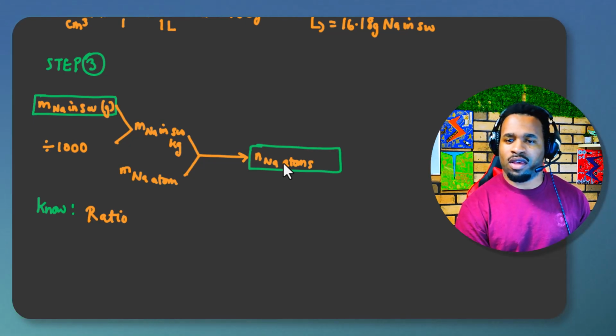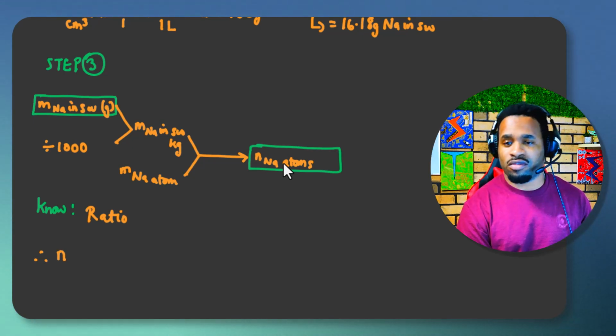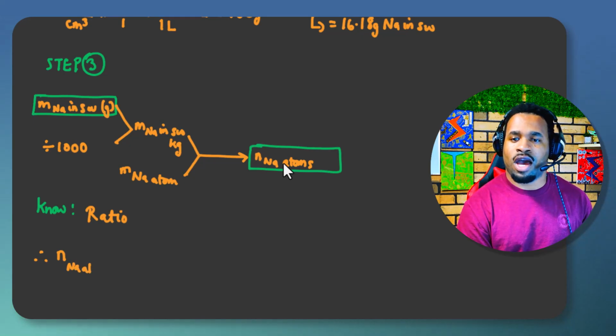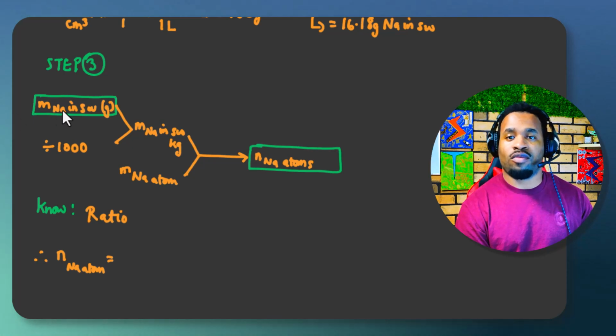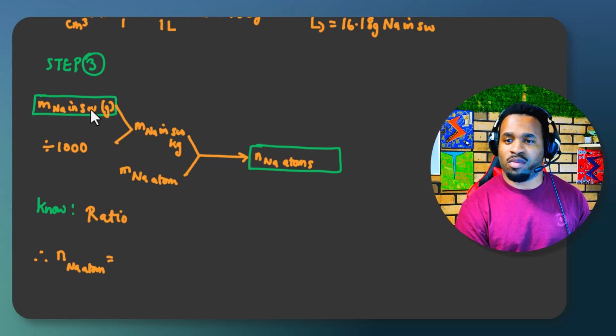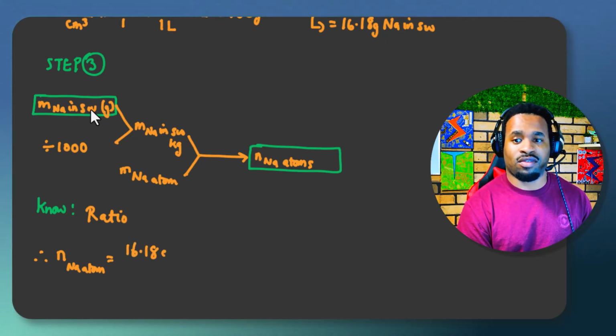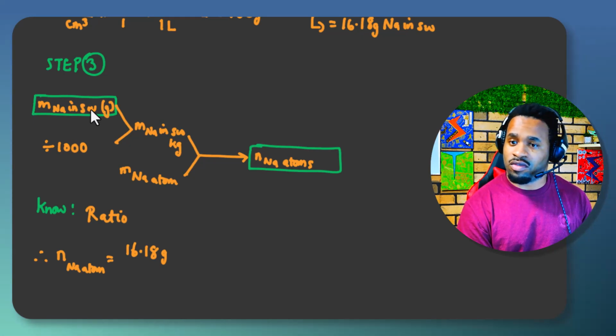First, make sure that your subject of the equation is in terms of the number of sodium atoms, and we need to follow our first step, which is to write our mass of sodium in seawater, which we determined from step 2 to be 16.18 grams of sodium.